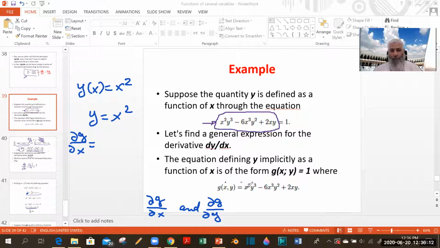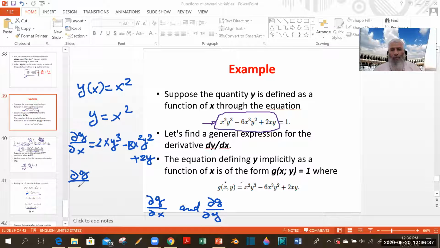Here we have x squared, right? What is the derivative of x squared? 2x, and y cubed. Minus 18x squared y squared, plus 2y.